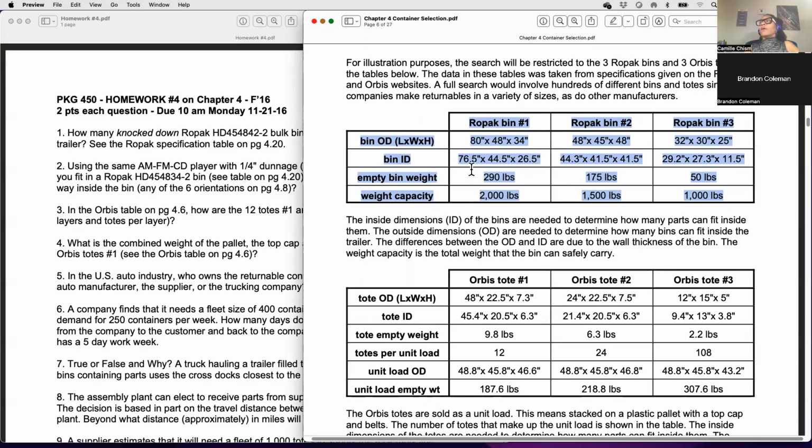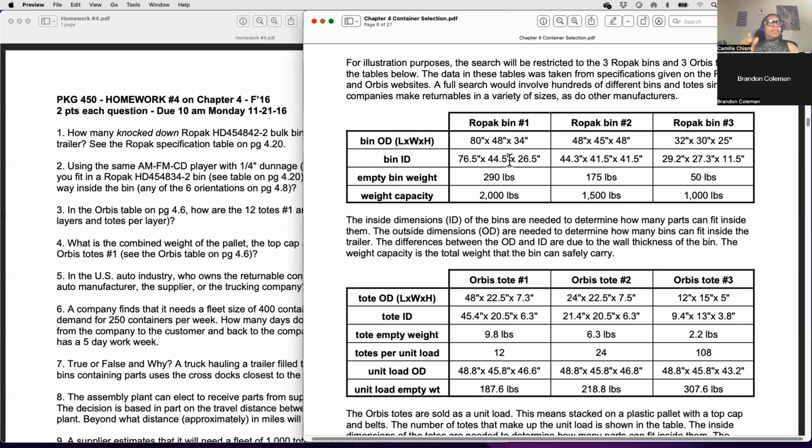So now we're looking at these three bins. These are the dimensions that we're focused on right here: our bin inside dimension. Okay, so let's pretend I just highlighted this one row. This bin inside dimension. These are the three that we're looking at.